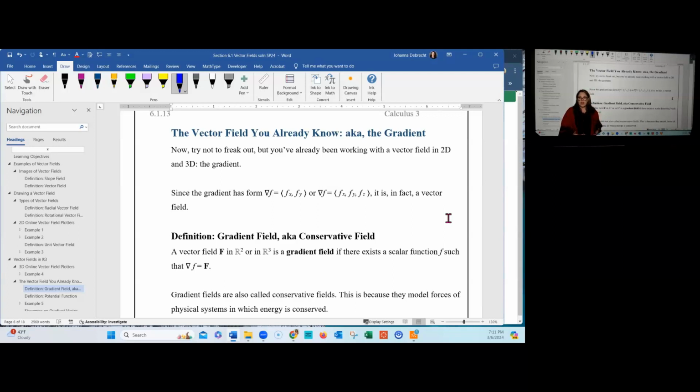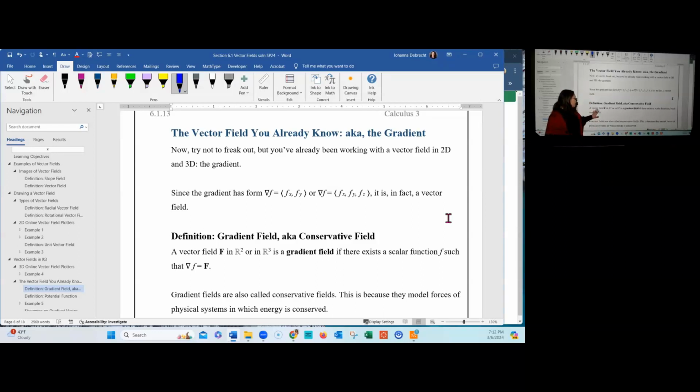It's a relatively high bar to meet. We're going to learn about some conditions that conservative vector fields have, and we'll spend time over the next few weeks talking about how we can know whether or not a vector field is conservative or not, since conservative vector fields have some very nice properties that we like to exploit. And they also describe some physical systems that we study quite often.